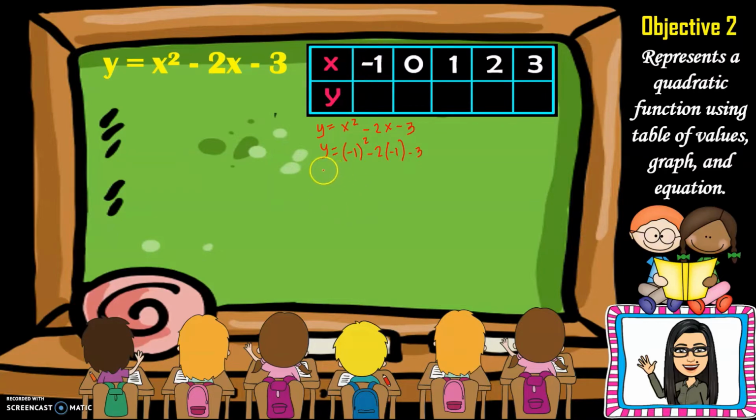So, solve. So, we have y is equal to negative 1 squared is positive 1. Negative 2 times negative 1 is positive 2. And then just copy negative 3. Next, so we have y is equal to combine like terms, or simplify dahil like terms na sila lahat. So, we have 1 plus 2 is 3.